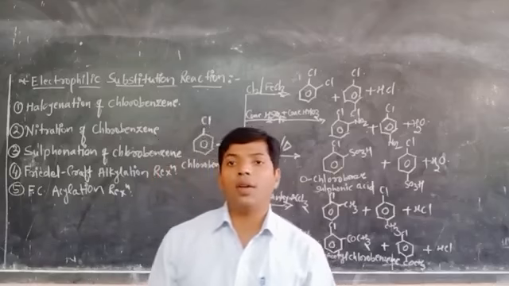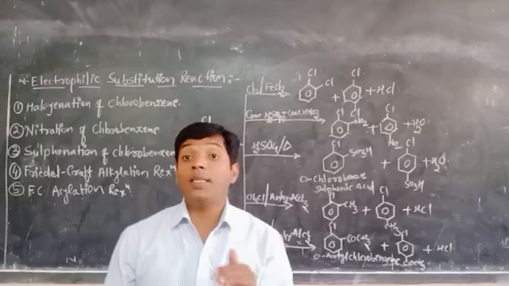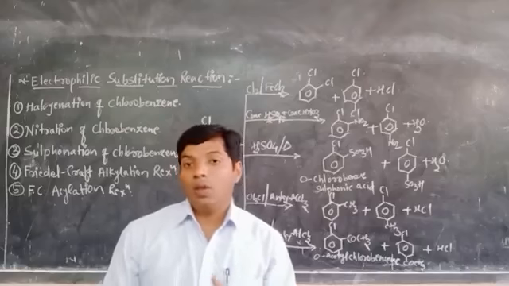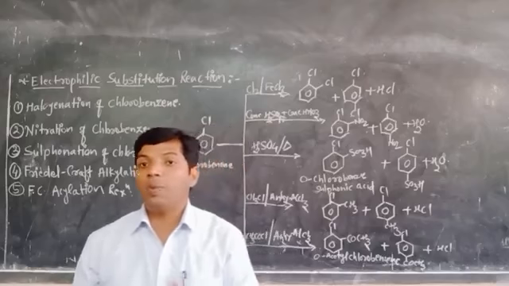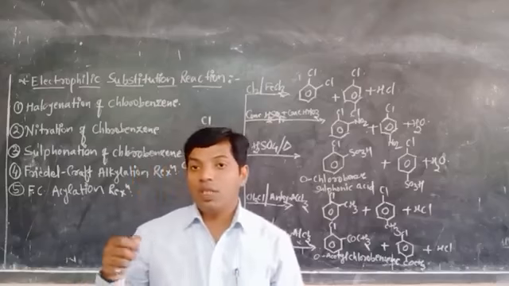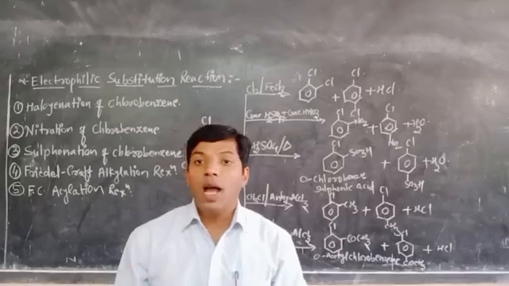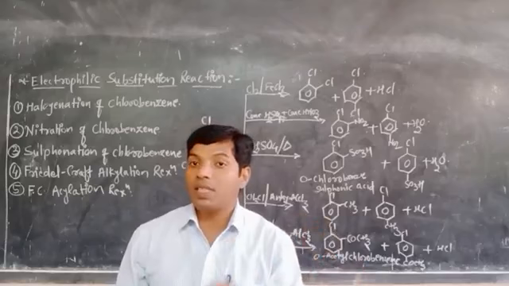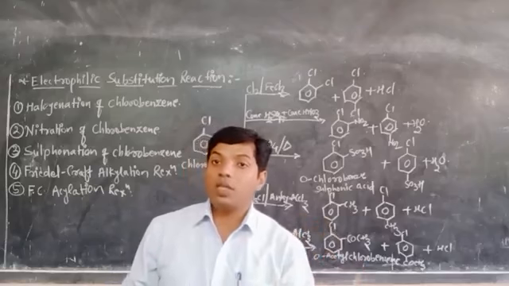What is an acyl chloride? As you know, the functional group of acyl chloride is RCOCl. You can choose R to be CH3, or maybe a benzene ring. The CH3CO part is called the acyl part, and that acyl part is substituted at the ortho and para positions in the presence of a Lewis acid. This is called the Friedel-Crafts acylation reaction.